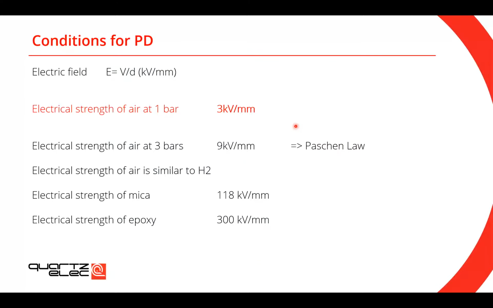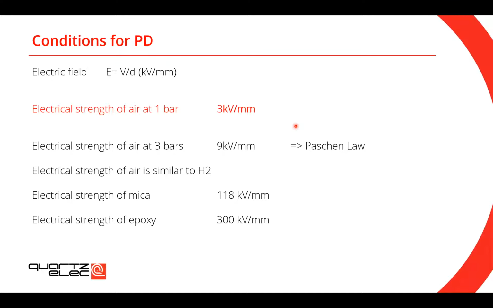And this is quite an important slide, and I want you to focus for a minute on that red bit. It says that the electrical strength of air at 1 bar, and when I say 1 bar, it's usually the ambient pressure, is around 3 kV per millimeter. What it means for you guys is that if your machine rated voltage is more than 3 kV, you will have partial discharge, full stop. That's physics.